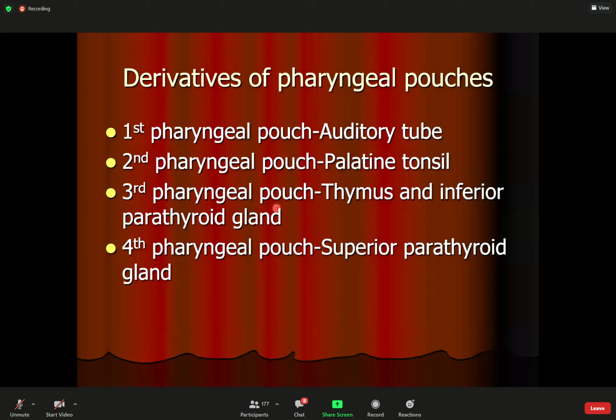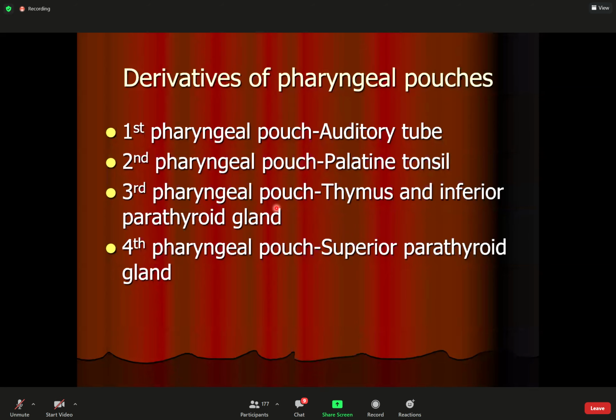Make no mistake. If I ask the question, what is DiGeorge's syndrome? And you are an alpha student, you say immediately, yes, Dr. Paul, we know more than you. It is because the third pharyngeal pouch forms the thymus and inferior parathyroid gland. So the baby will have a calcium problem and an immunity problem. Period.